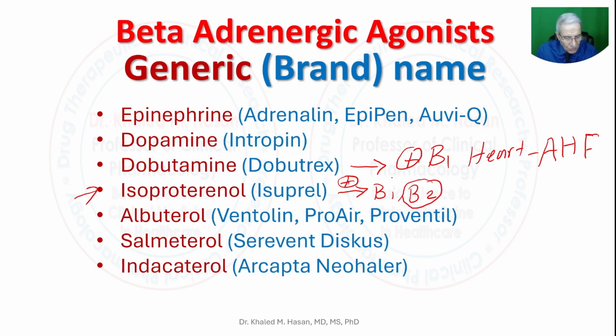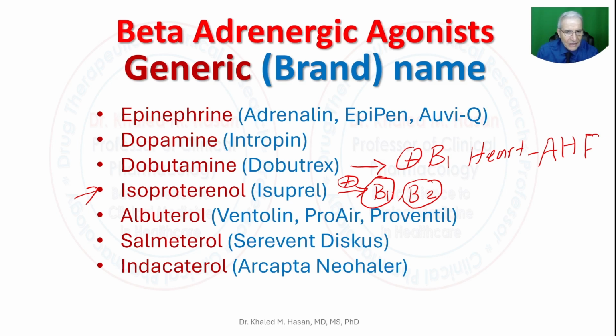However, stimulating beta-1 in the heart will lead to increased blood pressure and increased heart rate, and may cause stroke or myocardial infarction. So we don't recommend using non-selective medication for such a disease. It's recommended to use selective medication.